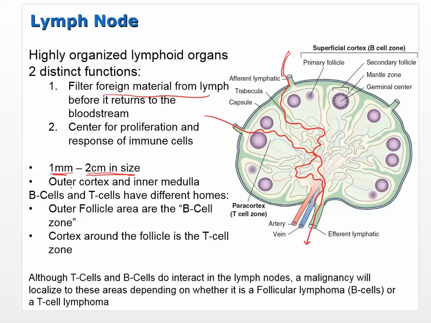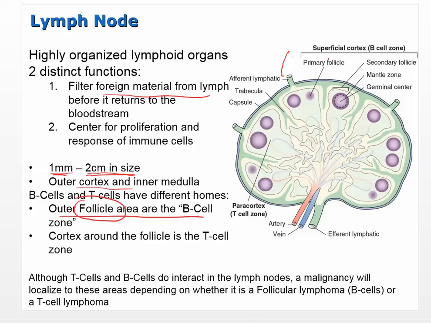Okay, they have an outer cortex and an inner medulla. That's kind of a theme with a lot of different organs. So outer cortex, which is out here, and then the medulla is usually in the middle when we use those terms. Okay, the B cells and T cells have different homes. So there's the outer follicle area, which is where B cells are, and remember this term follicle because it's going to come up later.